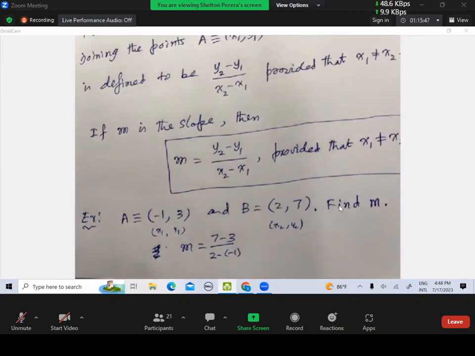Don't make silly mistakes. 7 minus 3 is 4, divided by the bottom, 2 plus 1, that is 3. So 4 over 3 is the slope of that line.